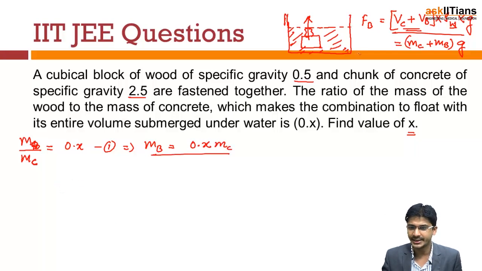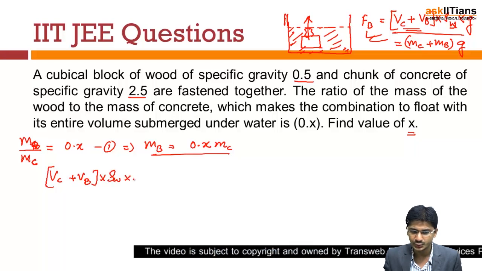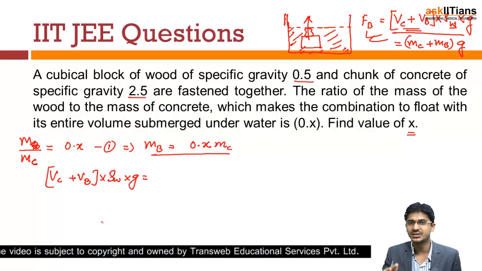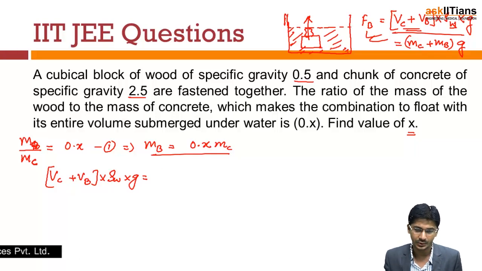Now the second equation from the flotation condition we have got is volume of concrete plus volume of block into the density of water into g. This is the buoyancy force, the weight of displaced volume of water. This is equal to the weight, mass of C plus mass of B times g.